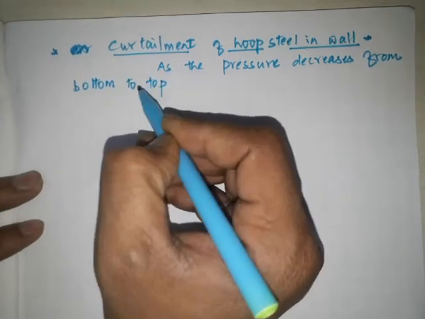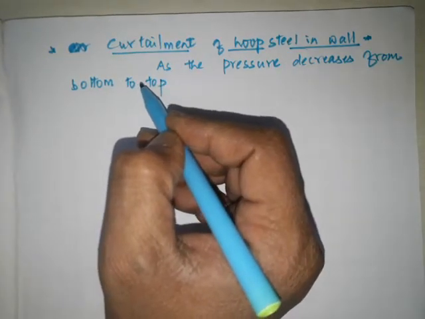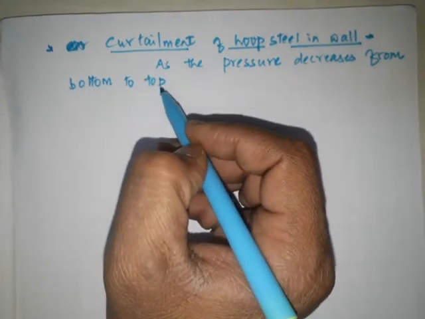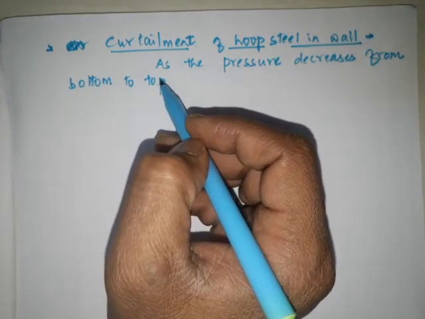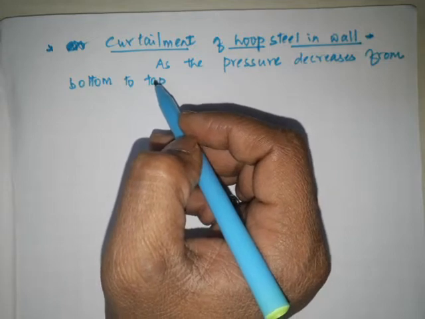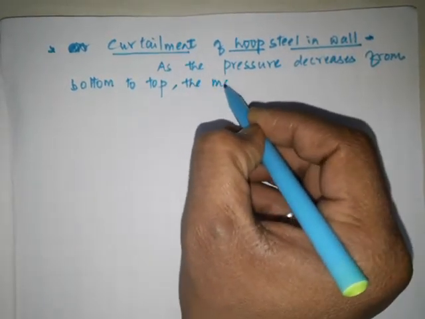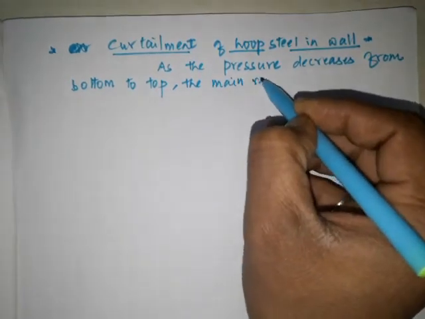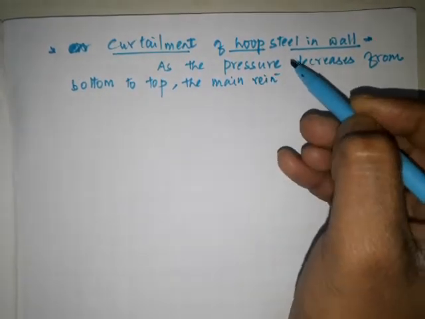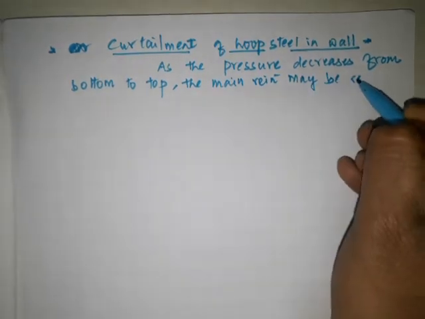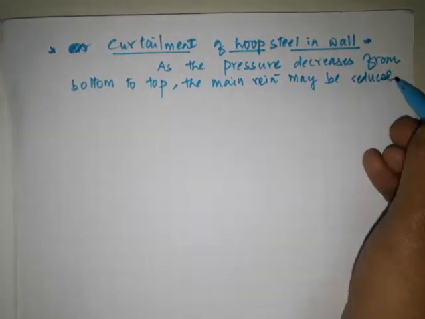Because it's hydrostatic pressure, the pressure intensity will be maximum at bottom, and if you move towards top it will be decreasing. So the main reinforcement, like the hoop steel, may be reduced to achieve economy.